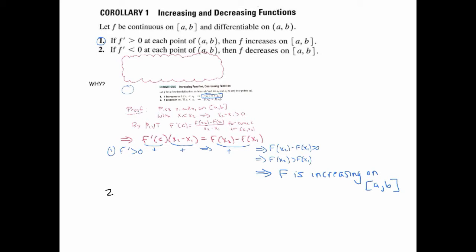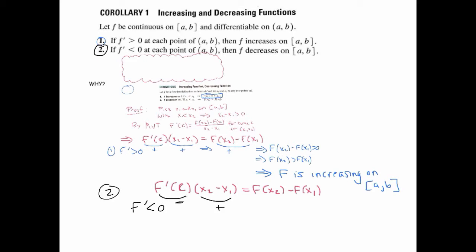On the other hand, let's start with the same relationship. I've got f prime of c times x2 minus x1 is equal to f of x2 minus f of x1. This time I'm going to prove what I just circled in black. Let's assume f prime is less than 0. Well, then that's a negative. We situated it so that x2 minus x1 is a positive. A negative times a positive must make this a negative.